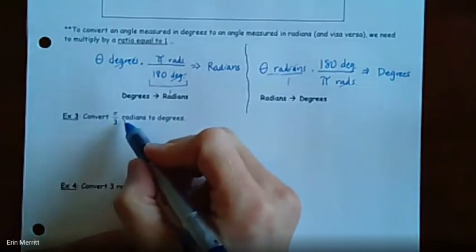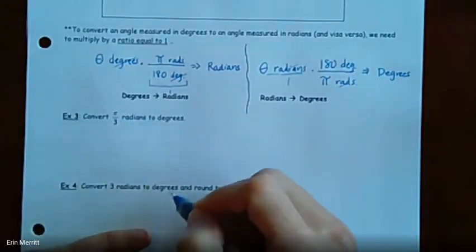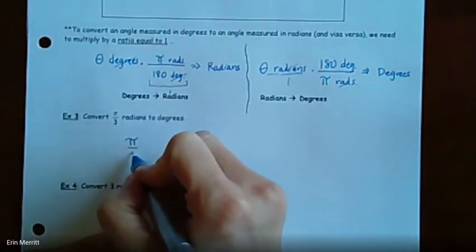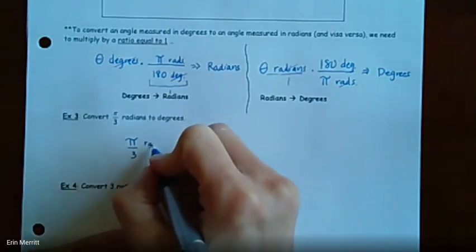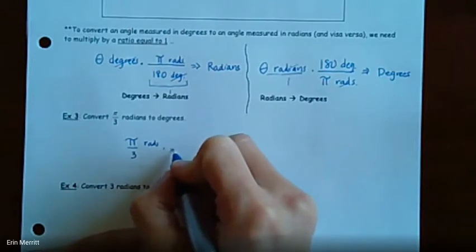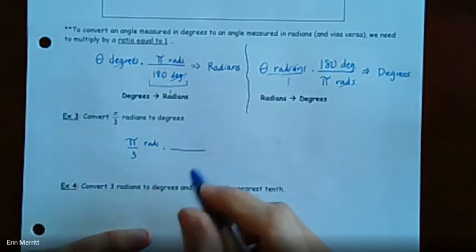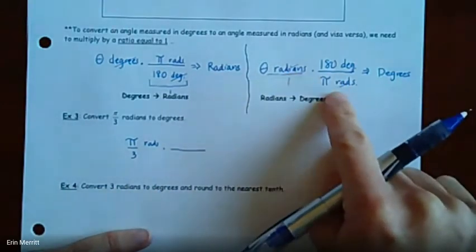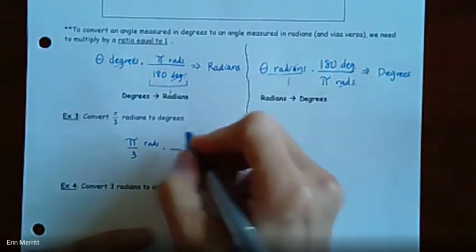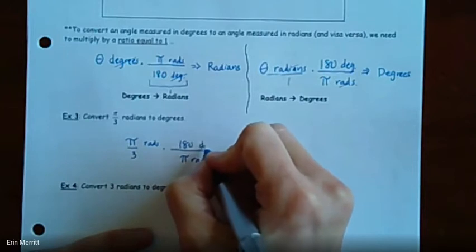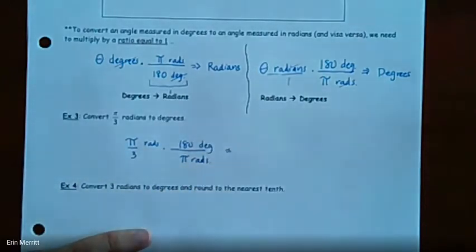Right? So let's start with one that we know the answer to. We know that pi over 3 radians is the same as 60 degrees, because that's one of our special angles. So how I would show this: if this is in radians, remind yourself, that means I need the radians to cancel. We're looking at the second method. So pi radians goes on the bottom, 180 degrees would go on top. And now it is not a proportion.